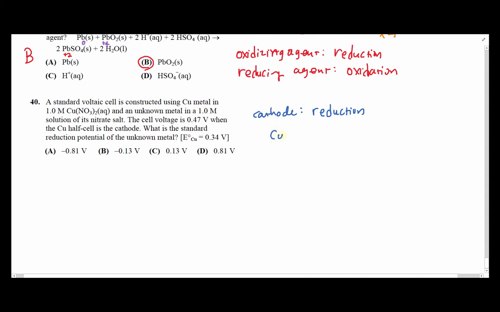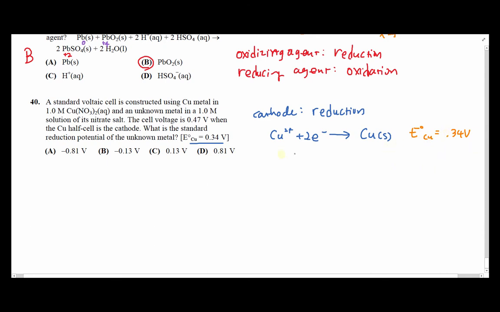Copper 2 plus adds 2 electrons and you form the copper solid. And they gave us the standard potential, .34 volt. Well, since it's a reduction, we don't have to switch the sign here.